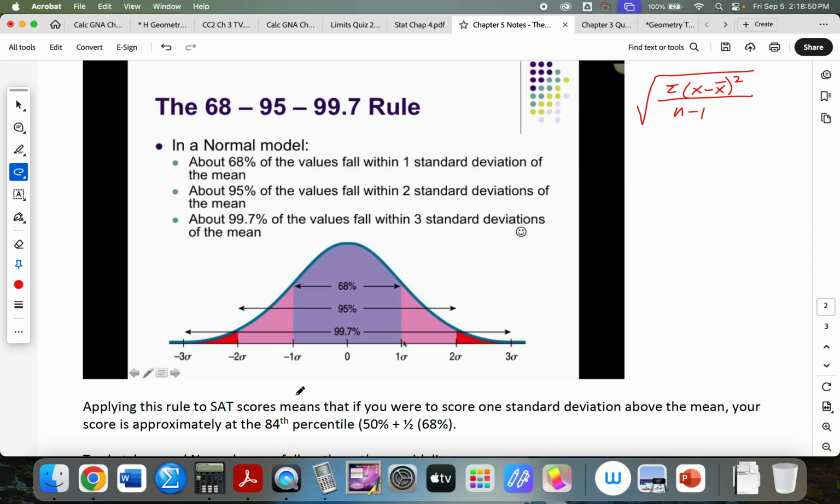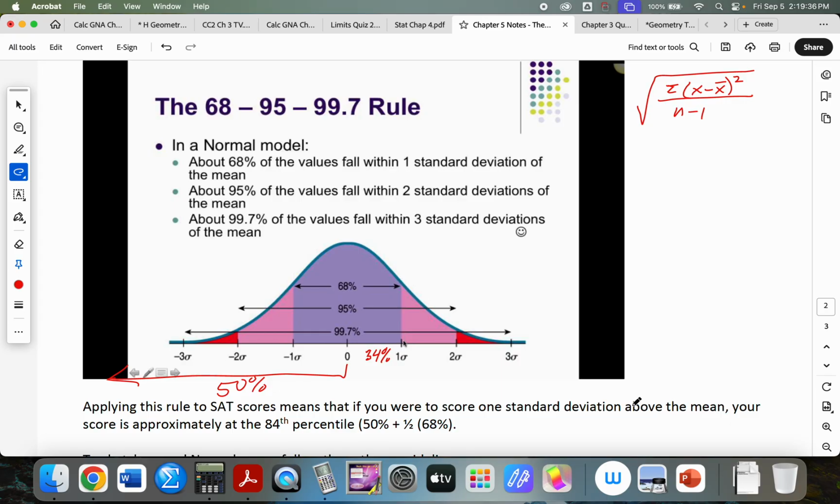If you're thinking about SAT scores, and you scored one standard deviation above the mean: between one standard deviation below the mean and one standard deviation above the mean is 68%, so this little part has 34%. And since with symmetric data like this everything from the mean over to infinity should be 50% of your data, you're at the 84th percentile.